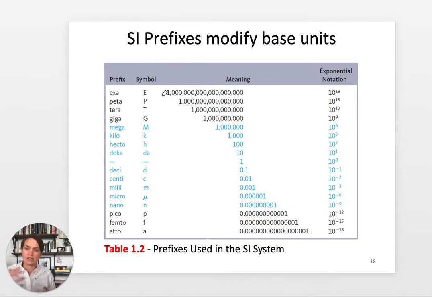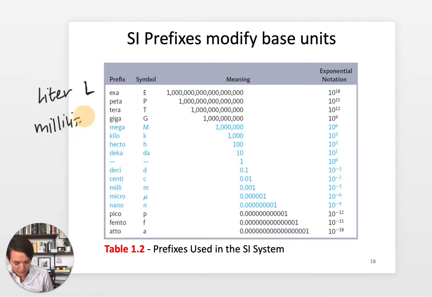So another example that you're probably familiar with would be liter, right? You have liter, which is abbreviated with an L, and then you also have milliliter, which we abbreviate with mL. So this m is a prefix which is modifying liters.